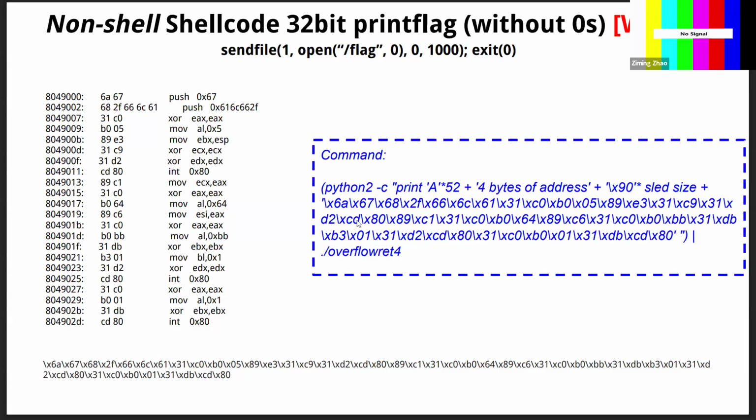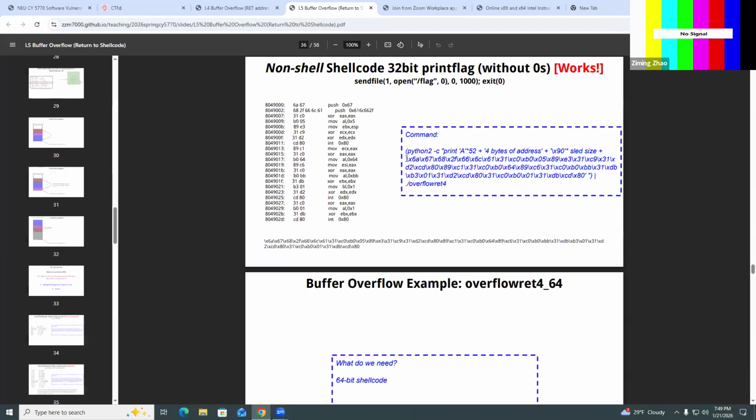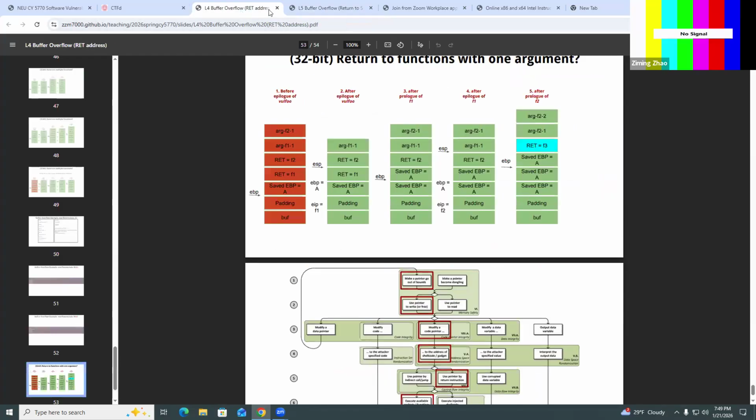BB is the number. Yeah, it's here. I think this is the size. 64. In my shellcode, I actually only put 100 bytes, not 1,000, because I know the string is not that big. Right? Okay, so let's try this. And because we are not getting a shell, you can see this command here, we don't have that cat anymore. We don't need a cat. We don't need to keep the stdin open there.